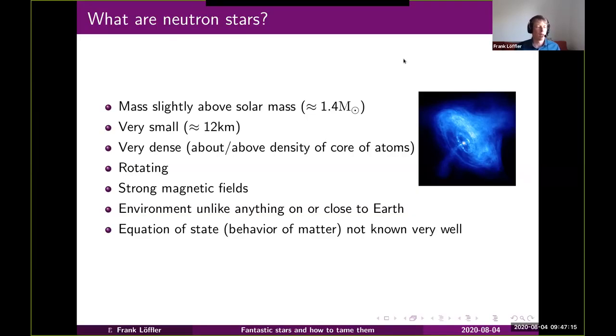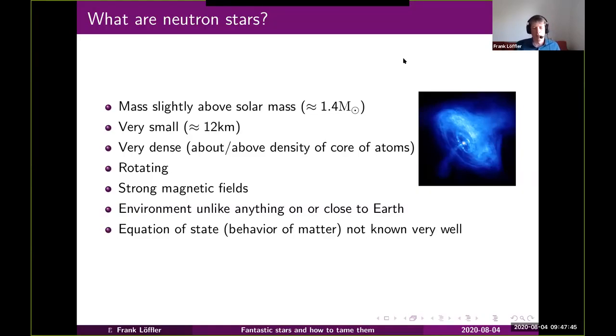It's not anywhere close to anything you can get on Earth, which means you cannot experiment with matter in such an environment because you are not able to create it on Earth. You might think, well, you have colliders and everything, but you just don't have gravitational fields that strong. You don't have densities that high, and you cannot feasibly get anywhere close to that on Earth.